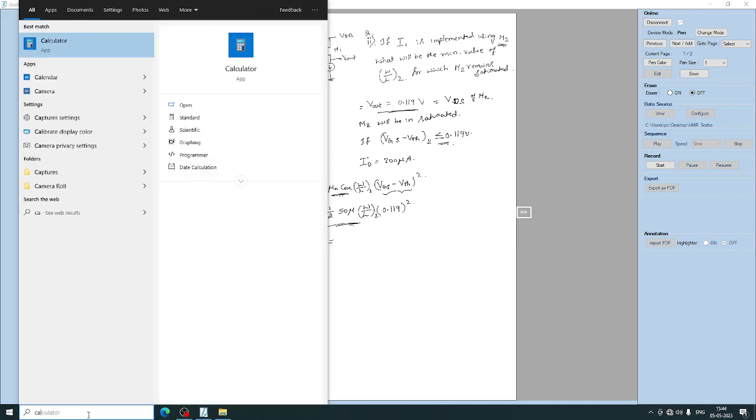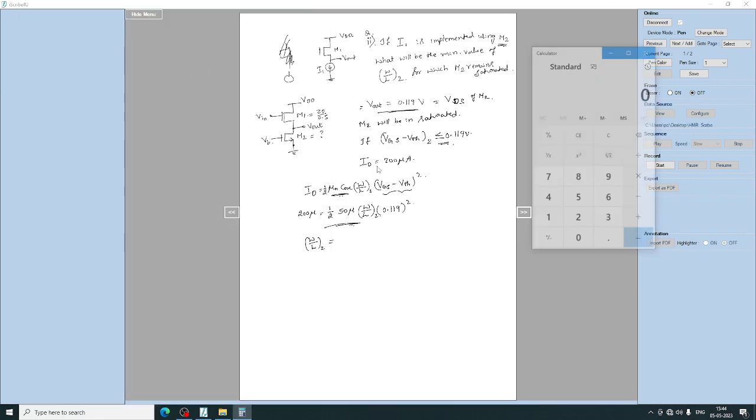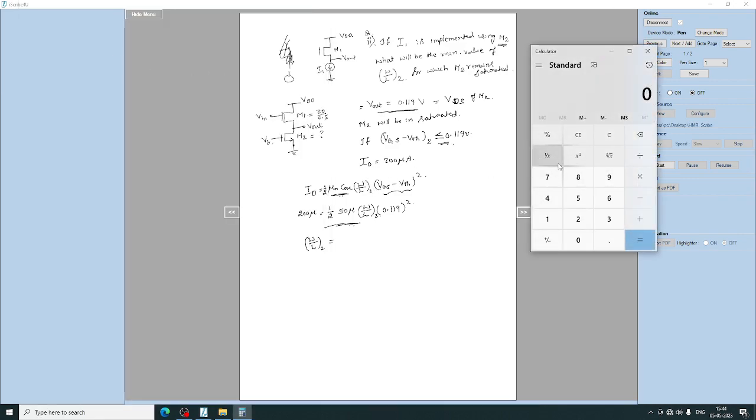So if I use the calculator here, this is 8 divided by 0.119 whole square, which happens to be 0.01416.